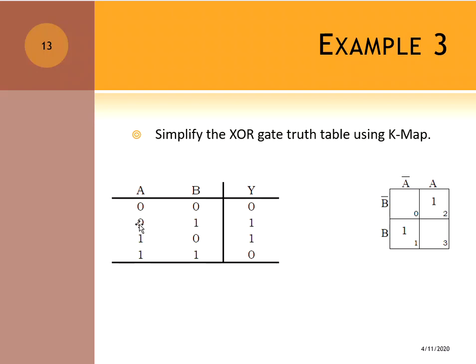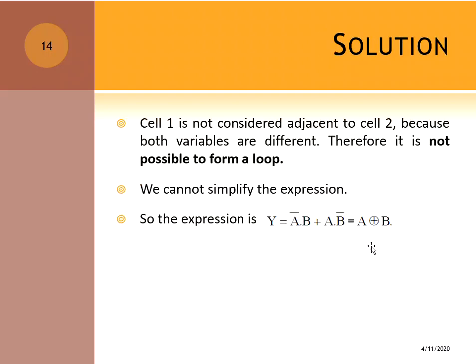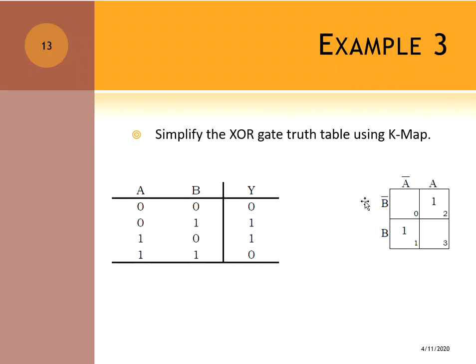We cannot simplify, because cell 1 is not considered adjacent to cell 2, both variables are different. So there is no common term. This one is A bar dot B, this one is A dot B bar, so there is no common term for both of the product terms.